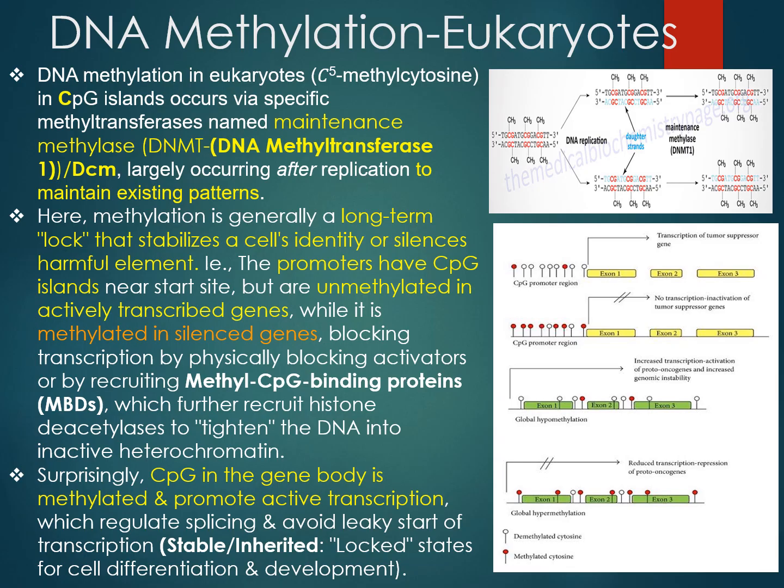We can connect this concept with cancer, where the tumor suppressor should be expressed normally, but due to the mutation or epigenetic changes like this methylation, hypermethylation happens in the promoter. In that case, the tumor suppressor gene will not be expressed.